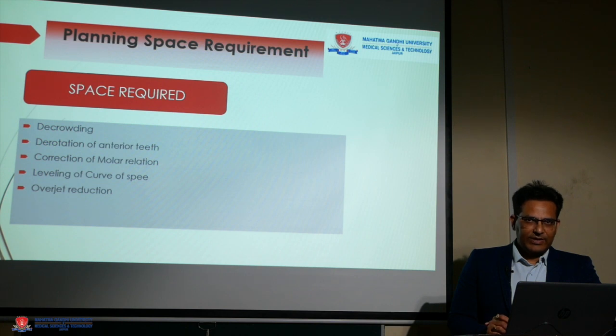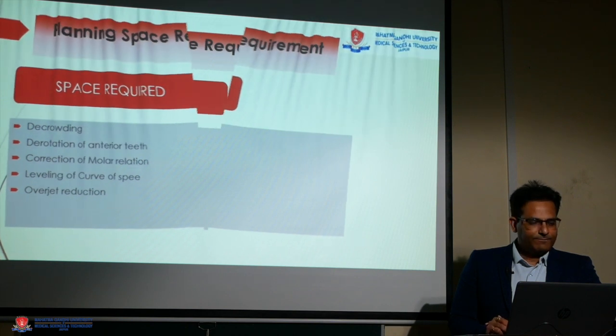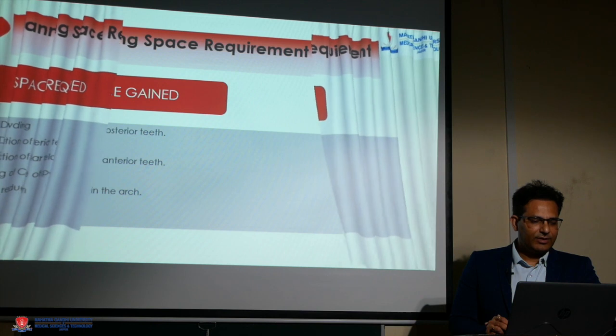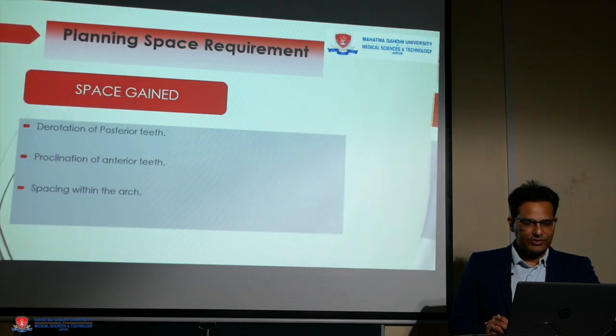All these things require space. There are some situations in which space is actually gained. Whenever we rotate a posterior tooth, space is gained. Proclination of anterior teeth also provides us space, and natural spacing which already exists in the arch provides us space for the management of the problem.